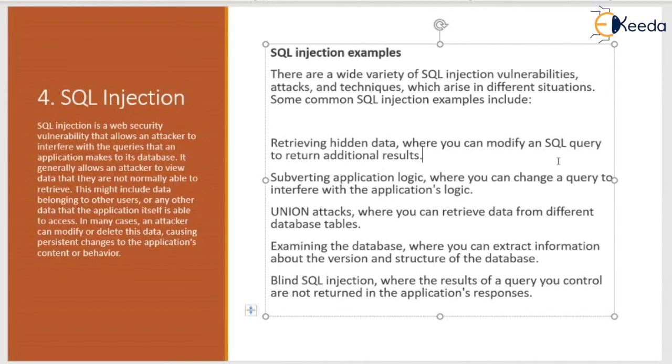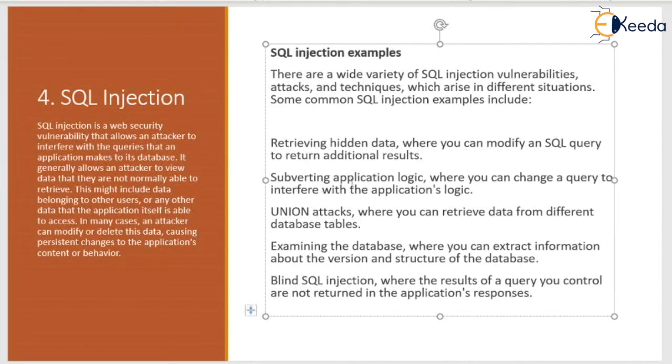So an SQL injection attack can create an SQL query in such a manner that they can take all or most of the data from the database and dump it on the UI.